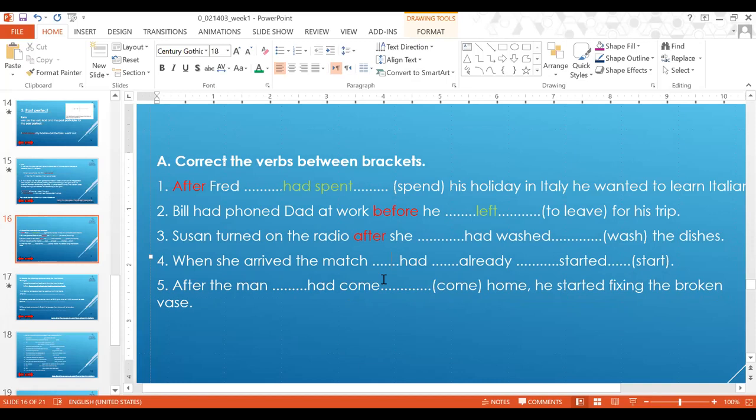I think this is the last thing that we have to do today, and we don't have enough time. Any question? Did you understand the concept of this tense? Yes. The concept is that we are using the past perfect, which is had plus past participle, to talk about an action that happened before another one in the past.